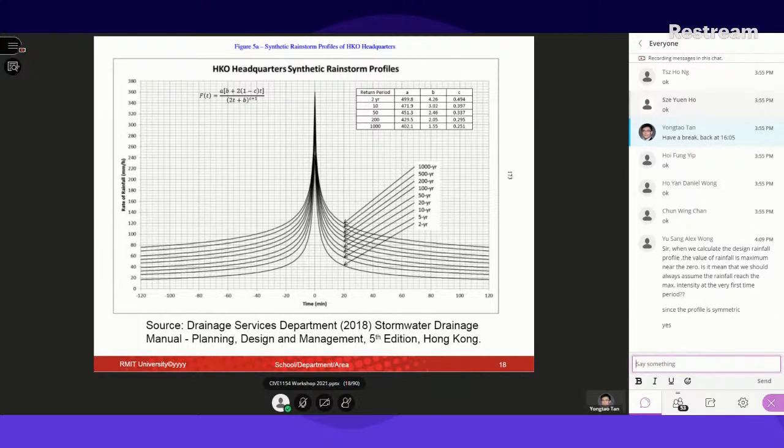For example, if you want to calculate the rainfall for a 40 minute duration, how can we get the value of the rainfall from this figure?